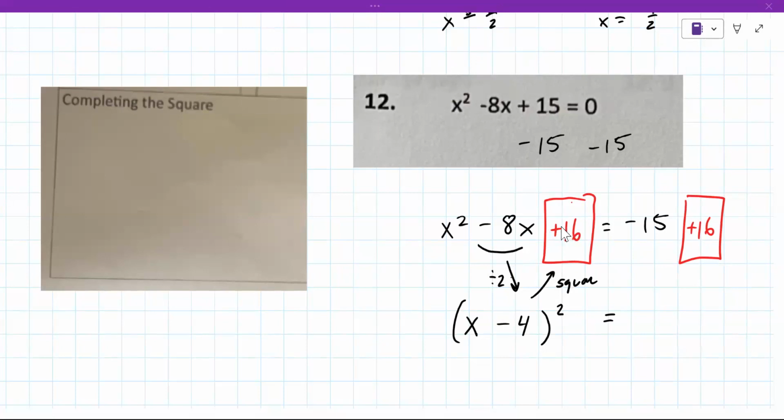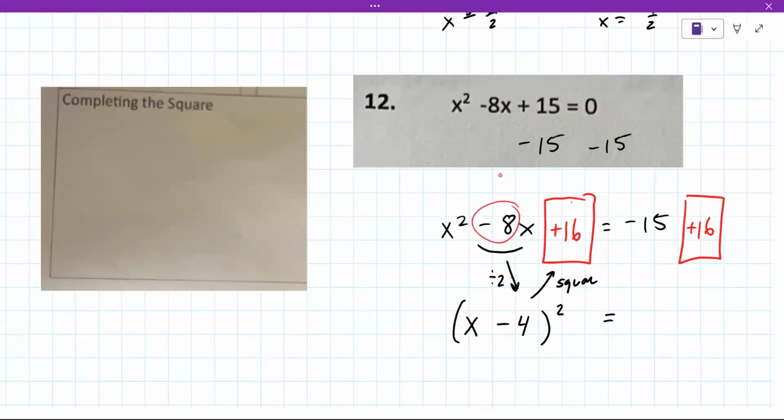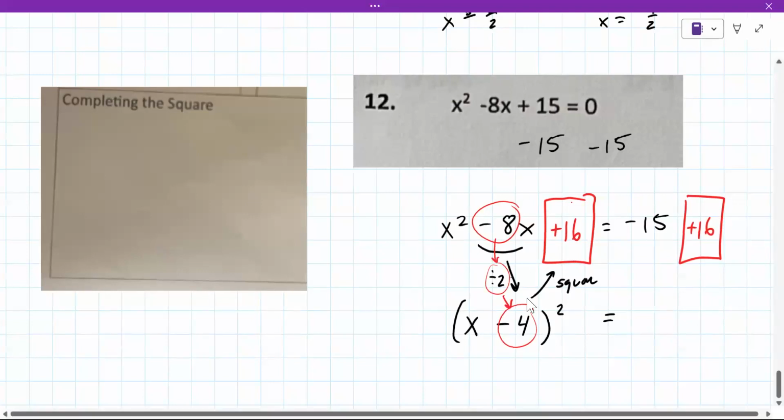Oh, when you divide by 2, you divide the first x and the 8? No, just -8. You're dividing -8 by 2. Okay, then how come the x down there isn't? Oh, the square is on the outside. Okay, now I see it.